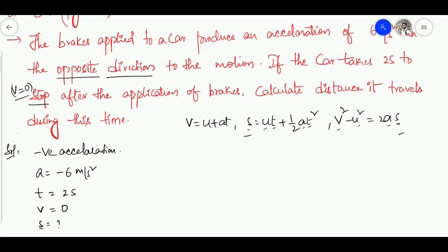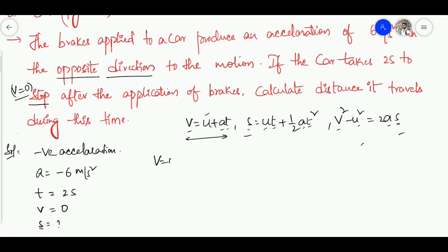So if you want to pick any of these two equations, before picking up, you have to find the value of initial velocity. Okay, let's come to the first equation. We have the value of v, we have the value of a, we have the value of t, and we have to find u. So we have to pick up this equation first to compute the value of u.